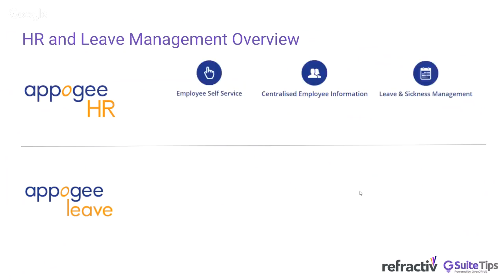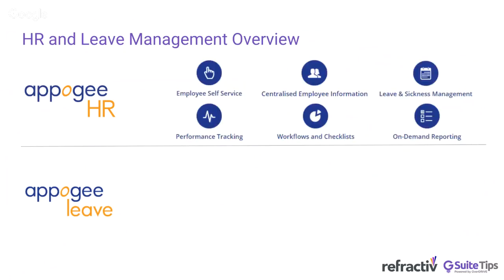The first product that we'll look at is Appogee HR. This provides you with an easy-to-use online HR management system for employee records and compliance management. It provides role-based access to keep your employee information private, and also provides controlled self-service access to your staff members.